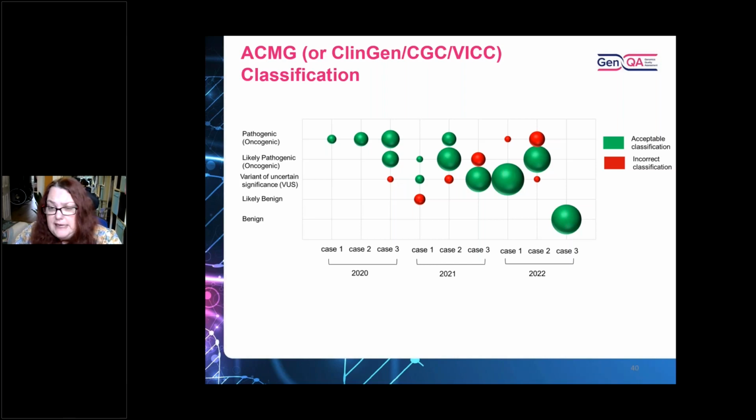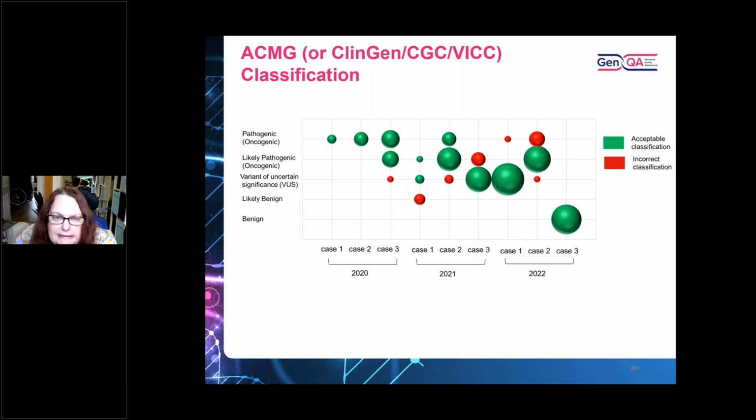For example, case 3 in 2021, you can see there's quite a lot of variability, which would have quite clinically significant results, in that if you call something likely pathogenic, it's more likely to be actioned, whereas if it's a VUS, it's much less likely to be actioned. The difference between pathogenic and likely pathogenic is not so strong.